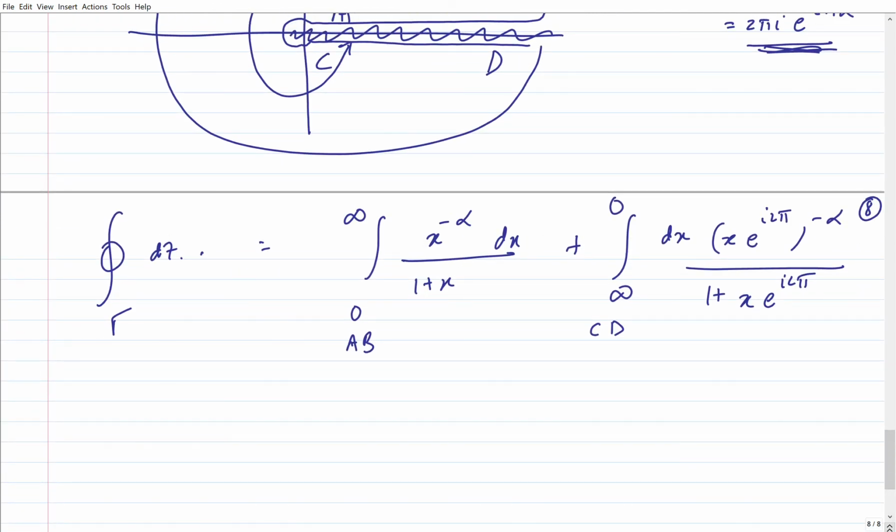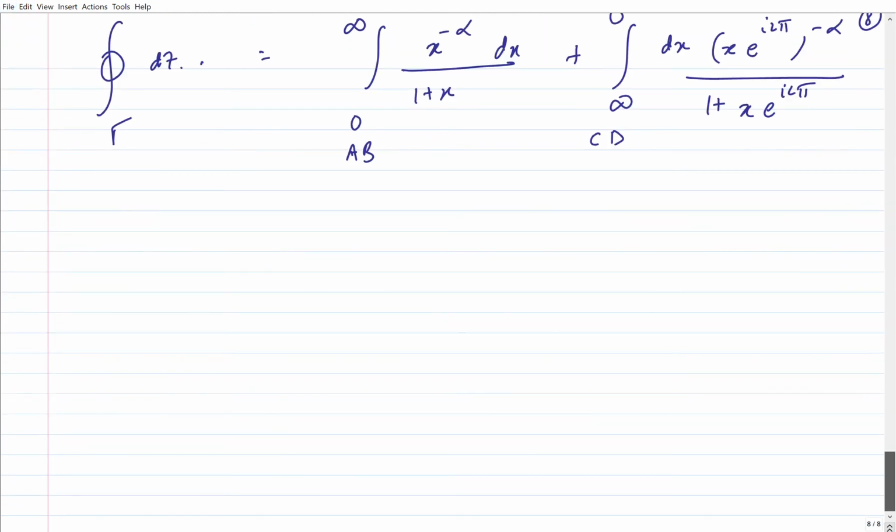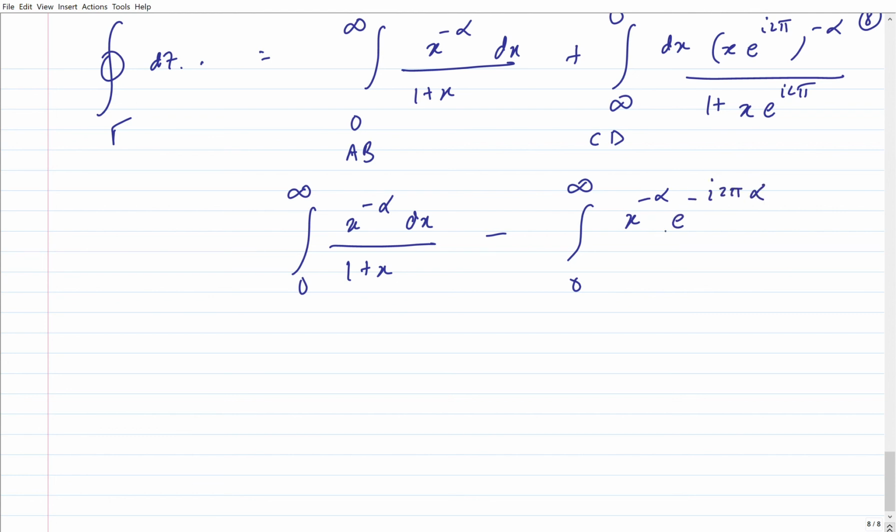This is page number 8. And well, then I evaluate both these integrals from 0 to minus infinity. And that would give me, when the smoke clears, this is equivalent to this integral which I have already solved.